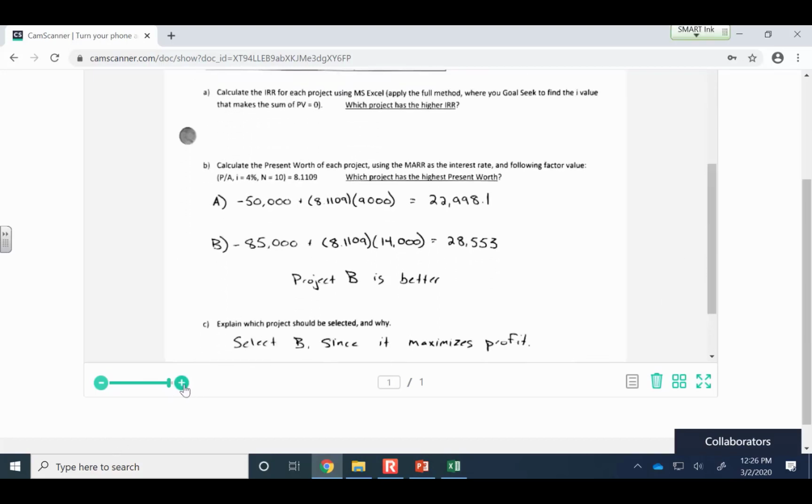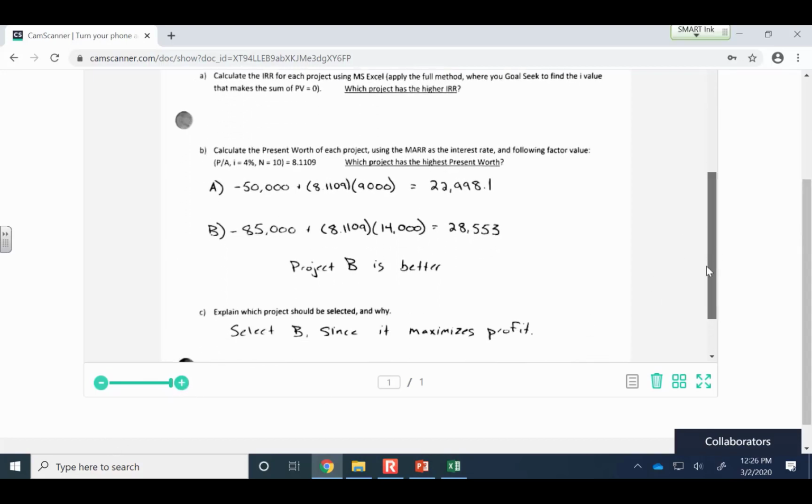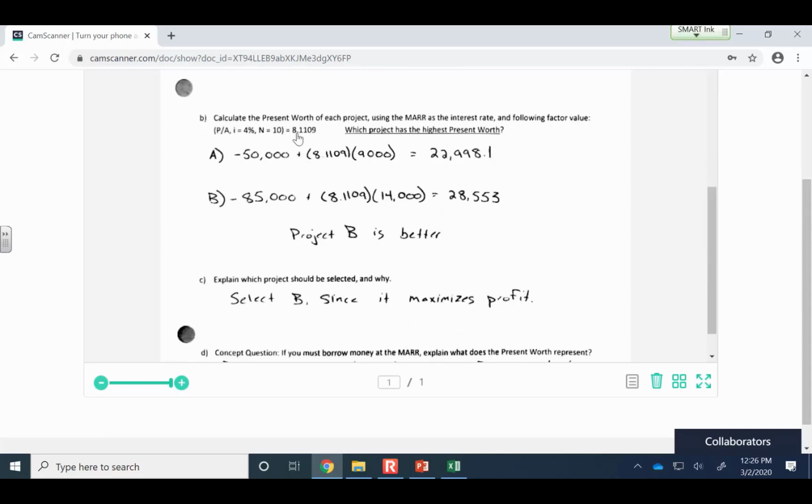All right, so I gave you the factor of 8.1109. So that's the ratio of P to A. So if we're finding the present worth of both projects, the present worth of project A is going to be its initial cost of $50,000. And then we want to find the present worth of the revenues. And so it's $9,000 each year in revenue, and the factor here to convert an annual recurring revenue into a present worth, that's what that factor means, 8.1109.